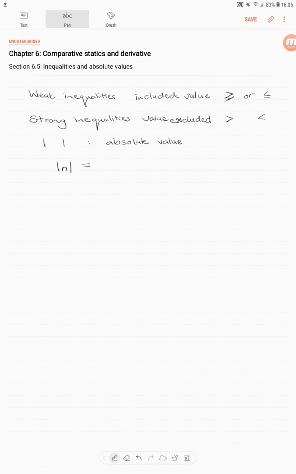The definition of an absolute value is that it's equal to negative n if n is smaller than 0, equal to positive n if n is larger than 0, and it's equal to 0 if n is equal to 0.